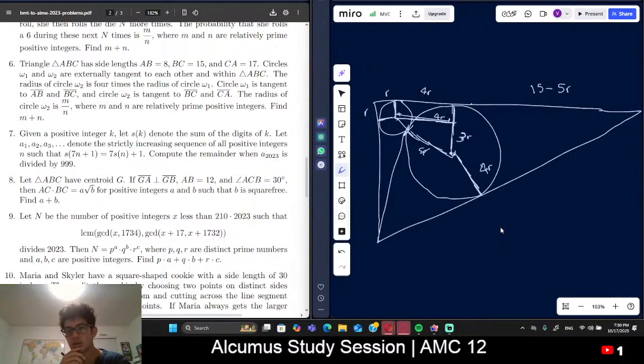Maybe now is the time to use similar triangles. Oh, wait. Maybe we can extend this out like this and see if we get anything with that. Because now essentially the radius is going to be 5r plus root 2.